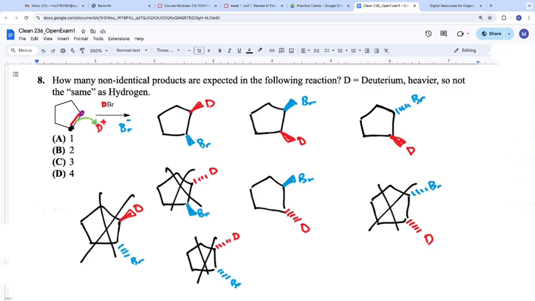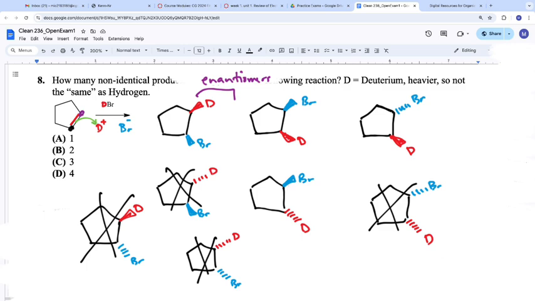What are the relationships between these products? Which is a whole other level to add to it, but that's still a fair game kind of question. So how would we define all of those relationships? So there's 2 pairs of enantiomers, and then also 2 pairs of diastereomers, or how do you say that? I still haven't learned how to say it after almost a year of this stuff. Okay, so those ones should be enantiomers.